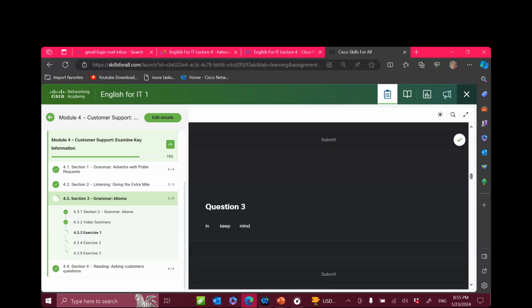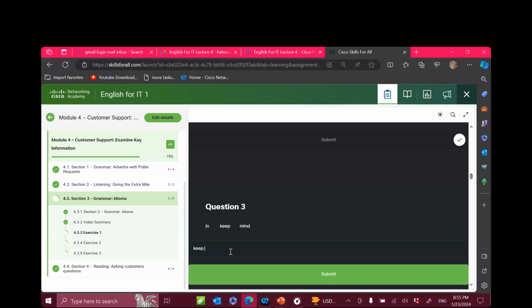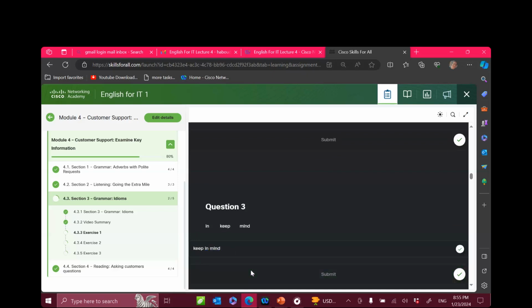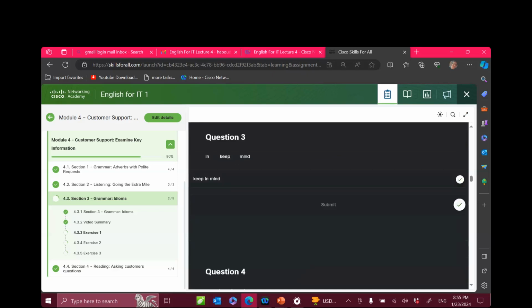Okay. Question 3. In keep mind. ها مين فاكر الإيديوم بيقول إيه؟ Let's start by keep. Keep in mind. Is it correct? Excellent. Very good. Okay. Question number 4.